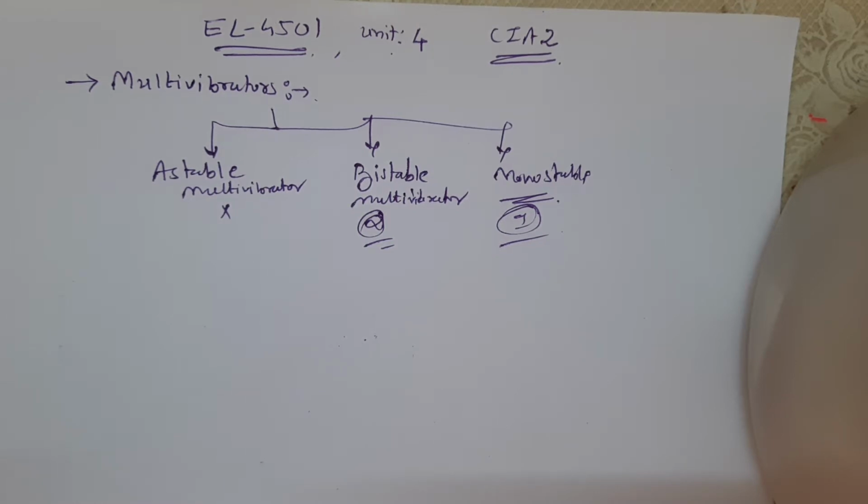It is the basic collector coupled transistor multivibrator, and it is essentially a two-stage RC coupled amplifier with the output of the first stage coupled to the input of the second stage and the output of the second stage coupled to the input of the first stage.